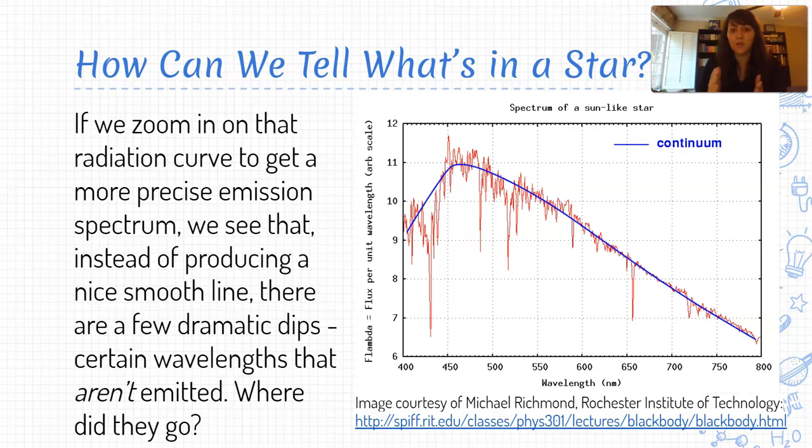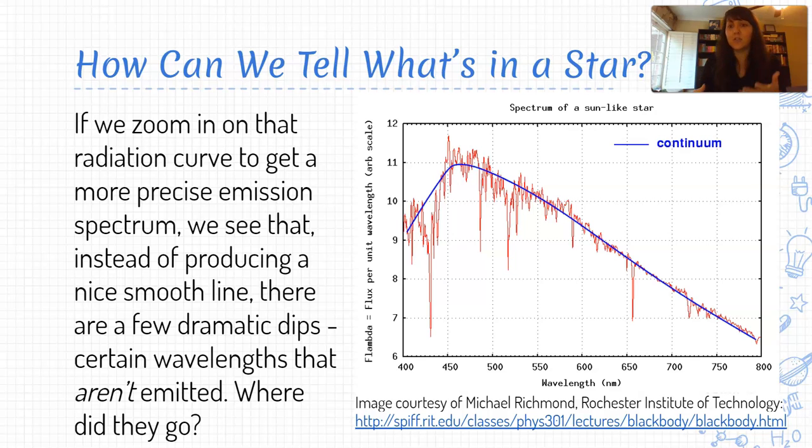So there are a few specific wavelengths that aren't really being emitted by the star as much as we would expect. There's this noticeable absence of a particular wavelength. And so the question becomes, why not those wavelengths? Where did those wavelengths of light go? Why aren't they being emitted and sent to us like the wavelengths immediately on either side of them? What's special about those wavelengths of light?